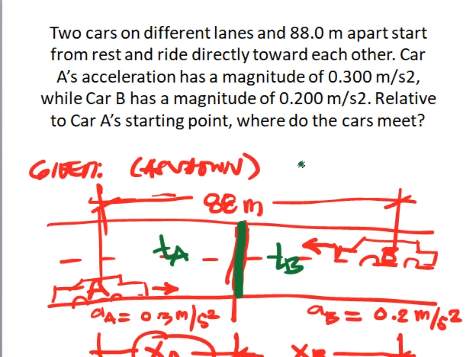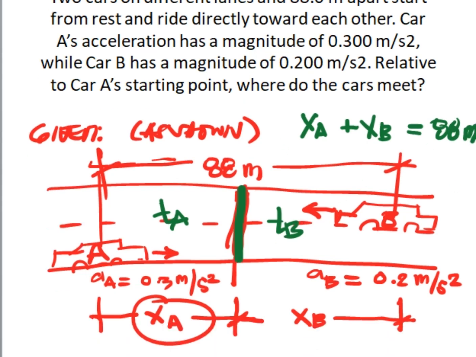So if we add their distances, x sub A plus x sub B is equal to 88 meters. Here's your x sub B. X sub A and x sub B equal to 88 meters.